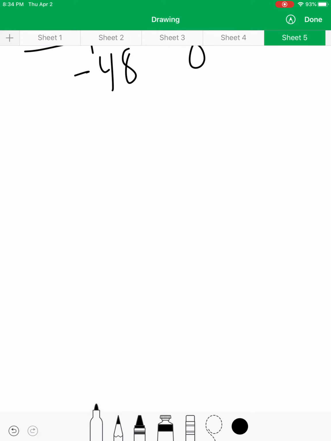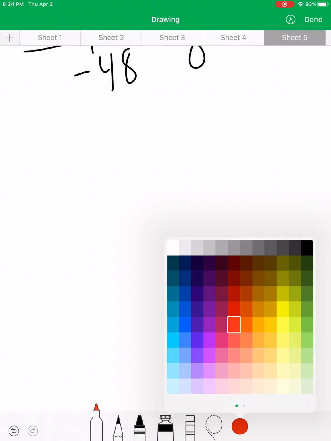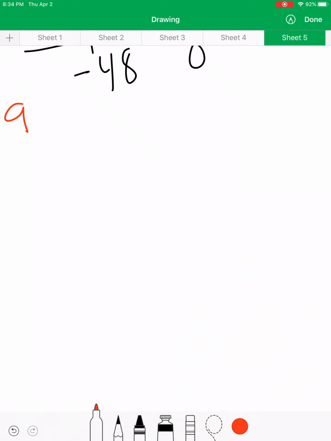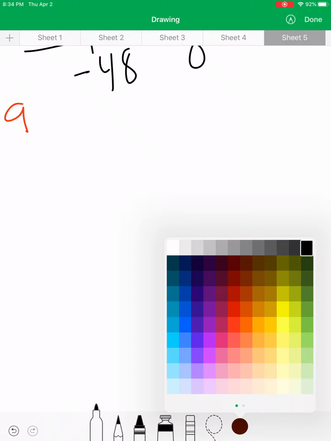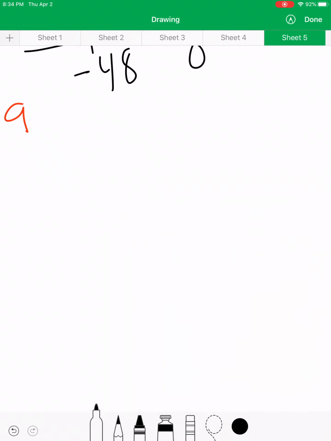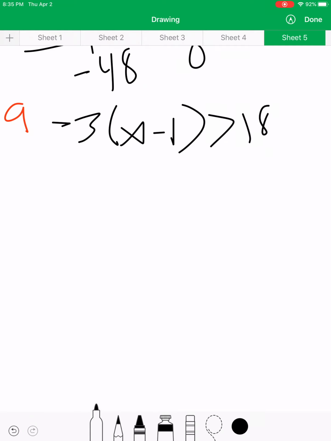All right, flipping the page now to number 9. There it is. And here we go. Number 9, negative 3 times x minus 1 is greater than 18.